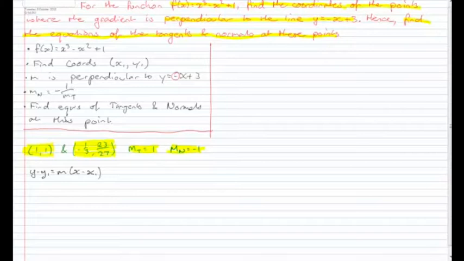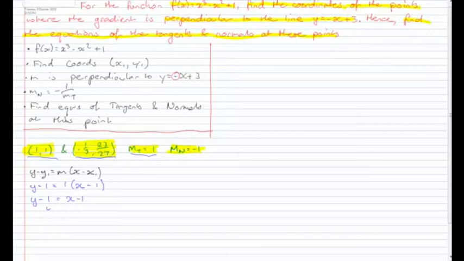There's going to be two answers for this because we found before that there were 2 points where the gradient of the tangent of the curve was equal to 1. Okay, so we're going to substitute both points in. Let's substitute in the first point first of all. So that is 1, 1. So you get y minus y1 being 1 equals m, which is 1, bracket x minus x1, which is also 1. You get y minus 1 is equal to x minus 1.